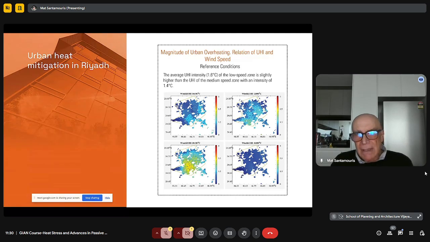And when the wind speed is increasing, the urban heat island of the medium speed zone has an intensity of 1.4. So this means that in the areas of the city where we have low wind speed, we have higher urban heat island, while in the areas that we have a little bit higher wind speed, the urban heat island is a bit lower.